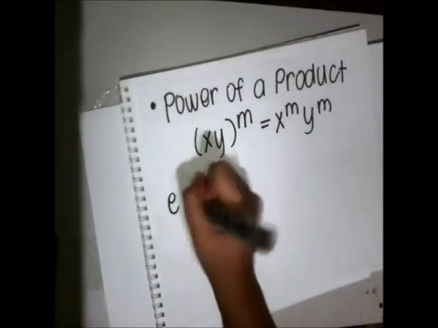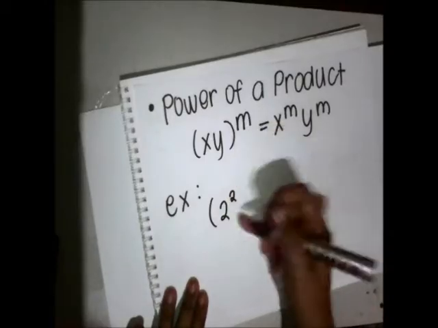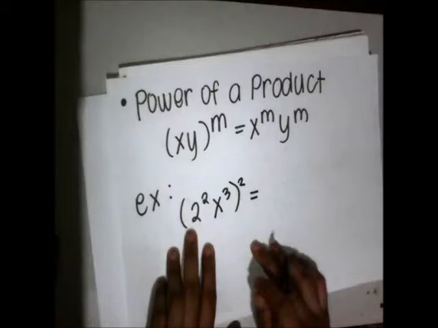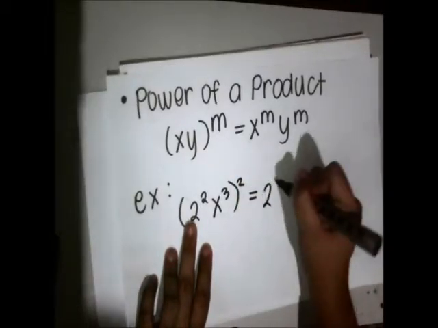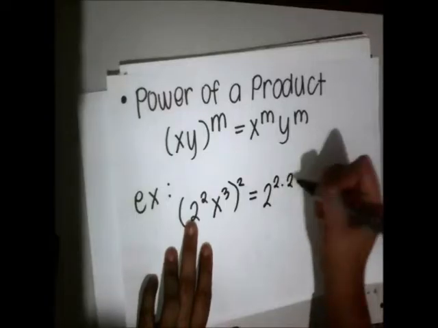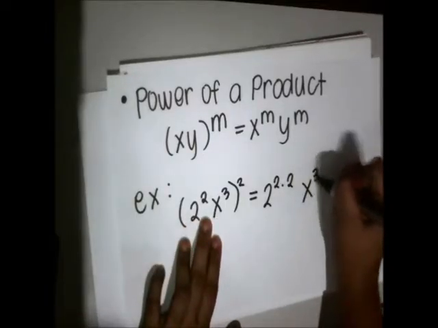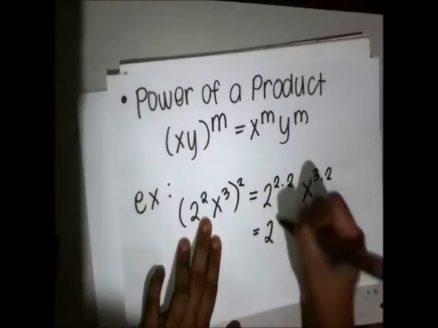We have here an example. Quantity of 2 squared times x cubed raised to 2. So raise each factor to the given exponent. So we have 2 raised to 2 times 2 times the x cubed times 2.